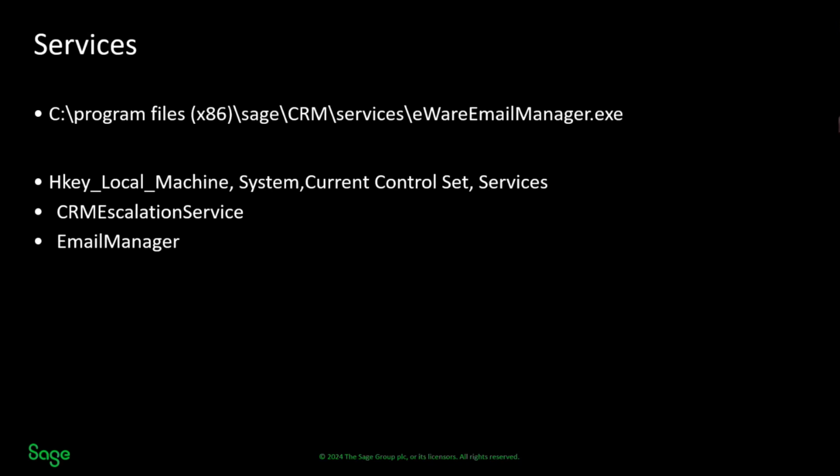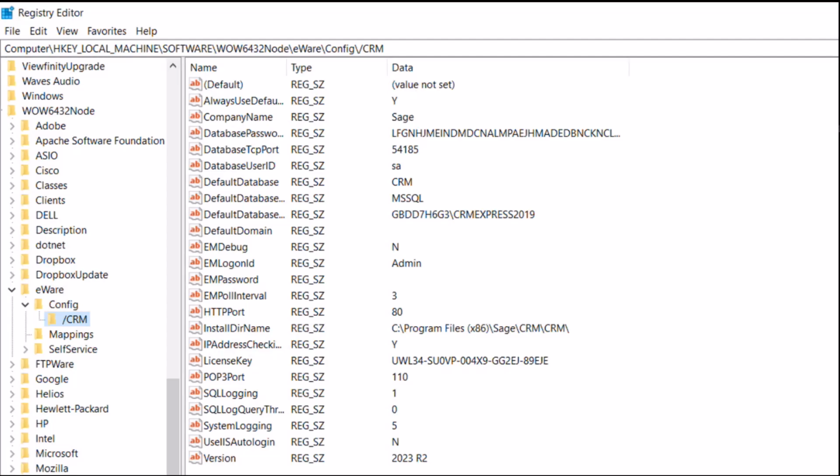There are some registry settings that you can examine, and you can find these under HKEY_LOCAL_MACHINE, System, CurrentControlSet, Services, and they're the ones for the escalation service and the email manager. But in fact, the key ones are underneath the main CRM instance.